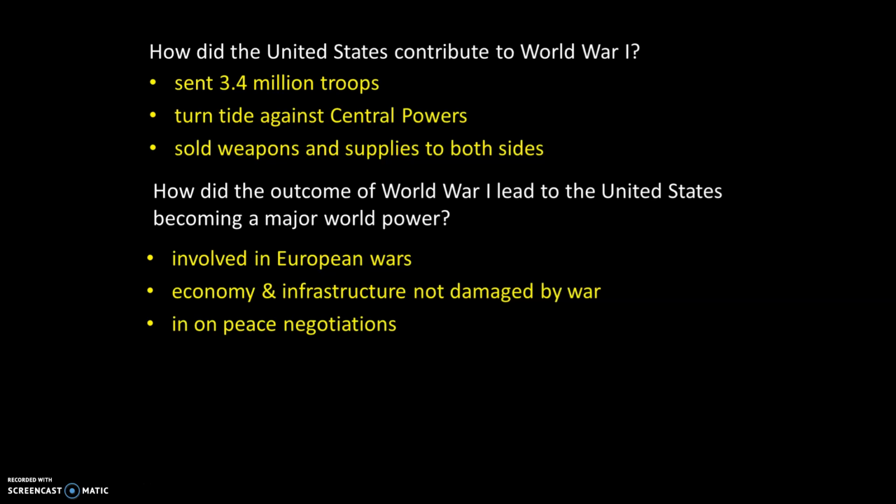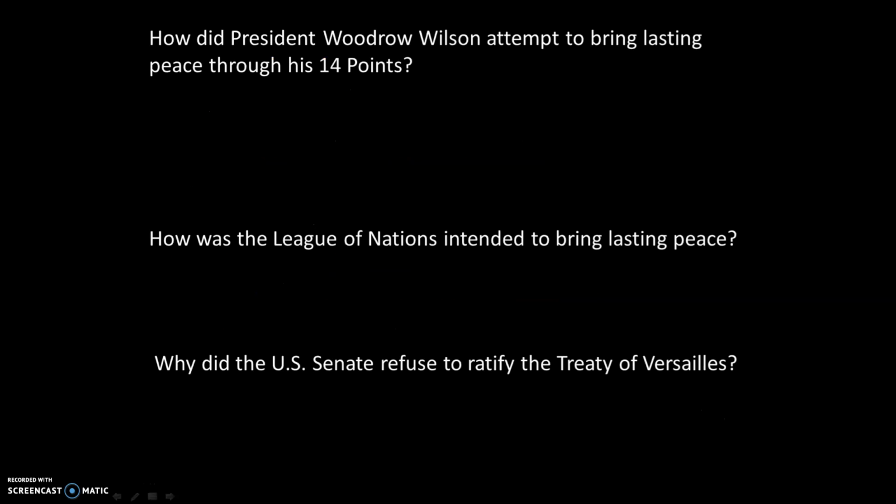The economy and infrastructure of the United States was not damaged during the war, so after the war, we're going to come out of it pretty strong. We don't have to rebuild like the other major powers did. And also we were in on the peace negotiations. Wilson's 14 points did kind of shape some of the peace agreement, even though they ignored a lot of them in the Treaty of Versailles.